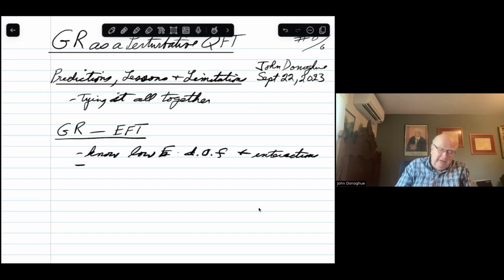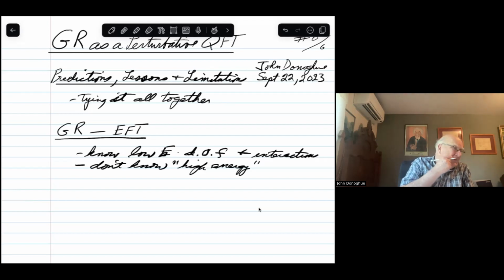We clearly don't know the high energy, whatever the completion of general relativity is. This tells us that we need to not focus on the effects of the UV, but focus on the effects of the infrared.